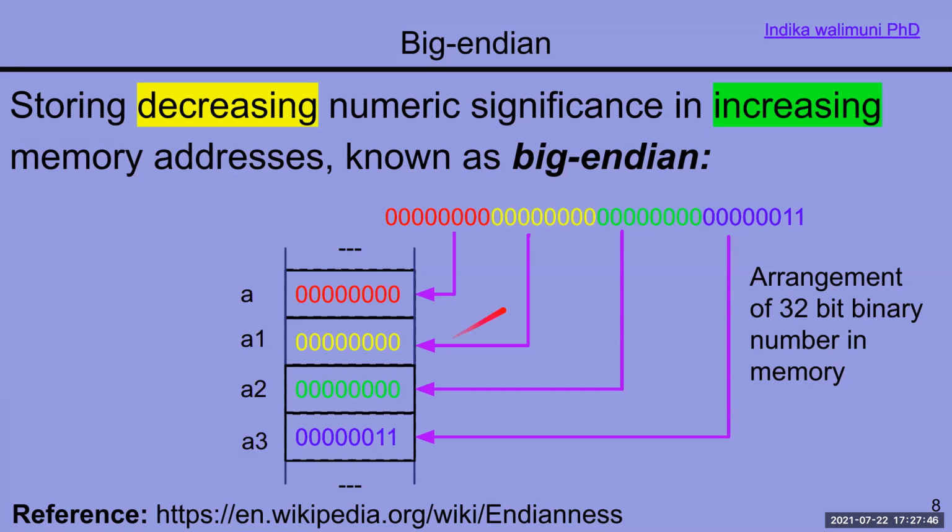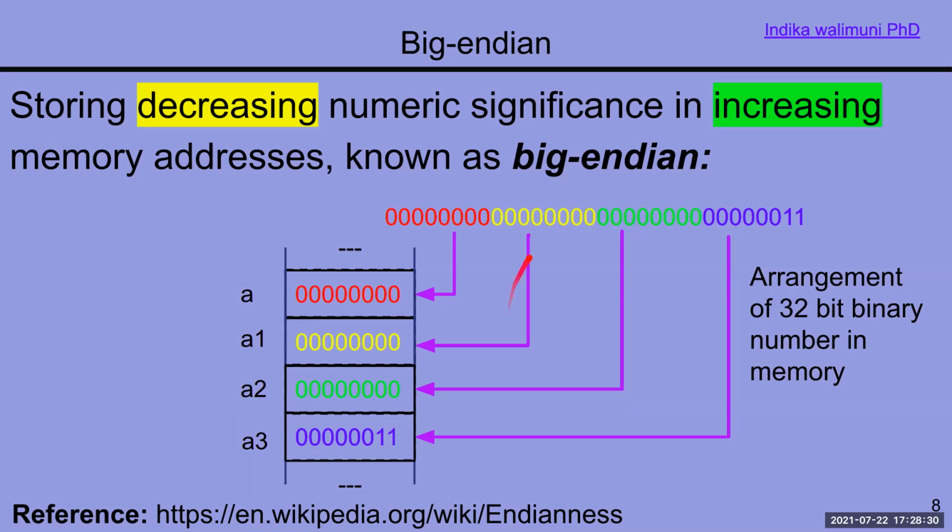Basically we started off with the most significant byte and stored it in the first memory address. Then we went to the next level of significance and stored it in the next byte. The memory address increases as we go down, and we store the lesser significant set of bits as we go down.